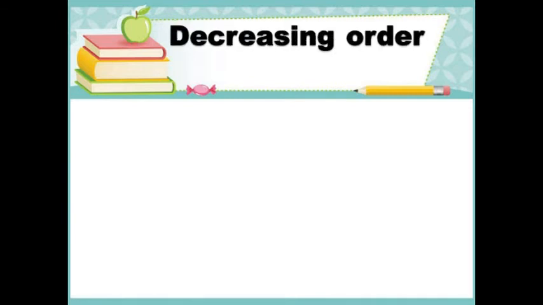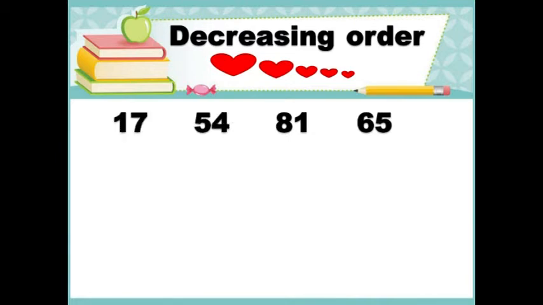Okay, now that we know how to arrange number in increasing order, let's try to arrange number in decreasing order. When we say decreasing order, we start from big to small. Okay, first example, we have here 17, 54, 81, and 65.